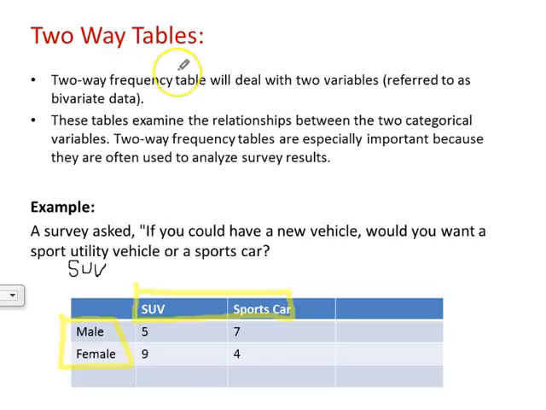Frequency is the number of times something happens. Two-way tables examine the relationship between two categorical variables, and they are especially important because they are often used to analyze survey results. They're a great way to analyze survey results.